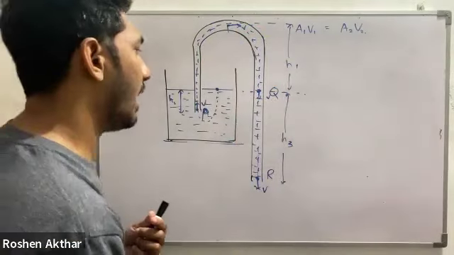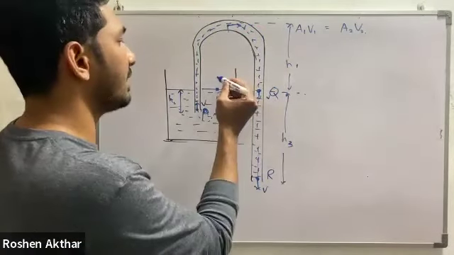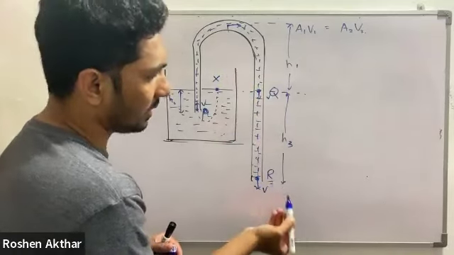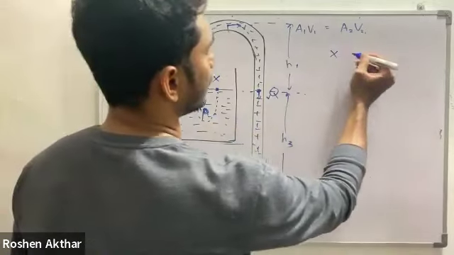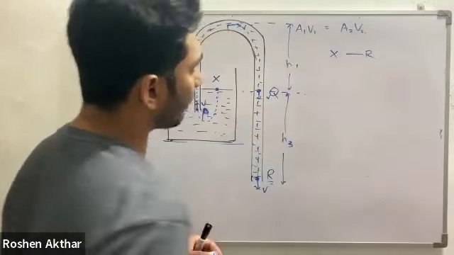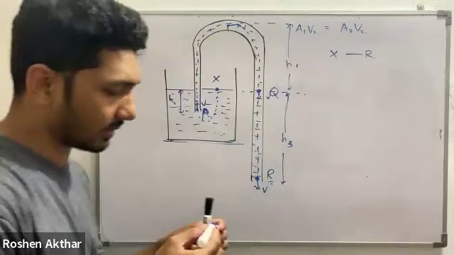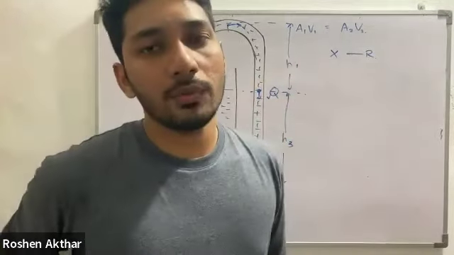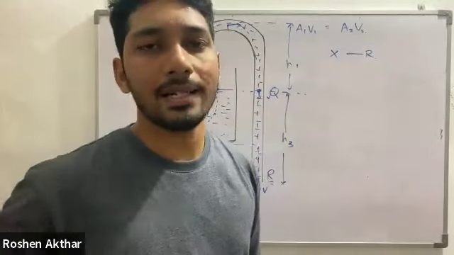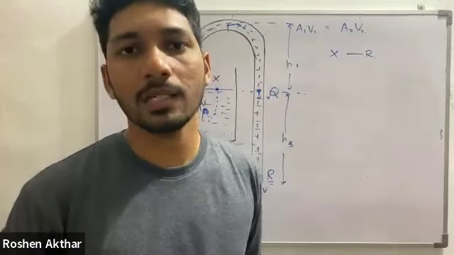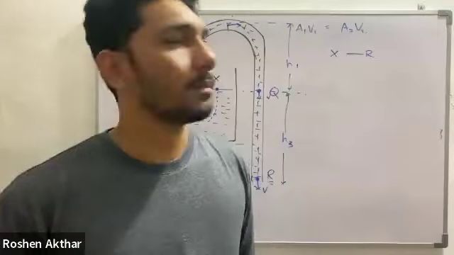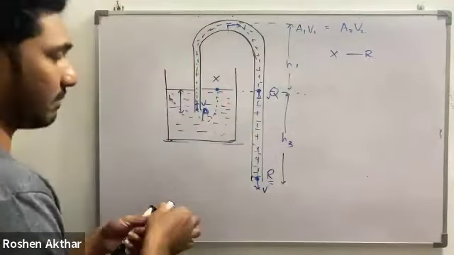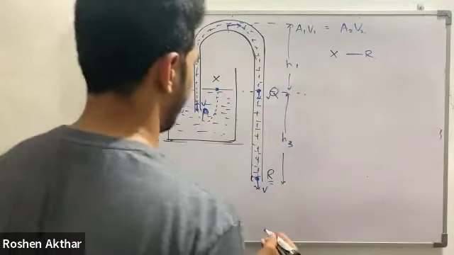As this is relevant, I'll take this point as X and this point as R, and I'm going to use Bernoulli from X to R. Bernoulli says the sum of pressure plus kinetic energy per unit volume plus potential energy per unit volume will be constant, right? So at X, what are the values of those components?